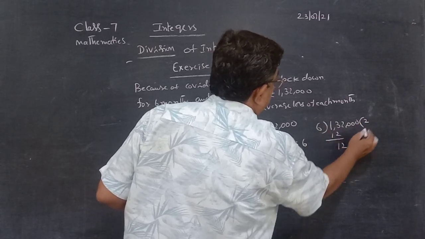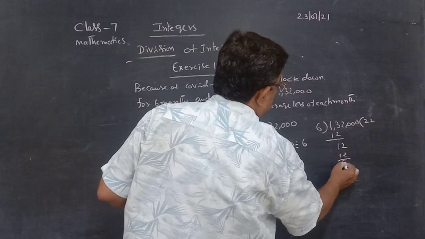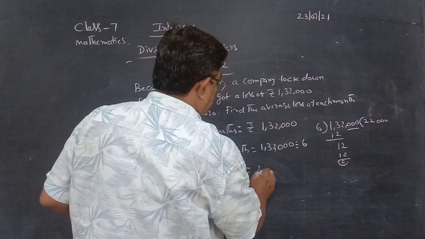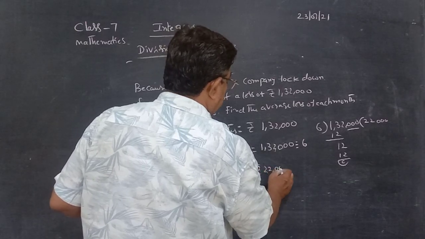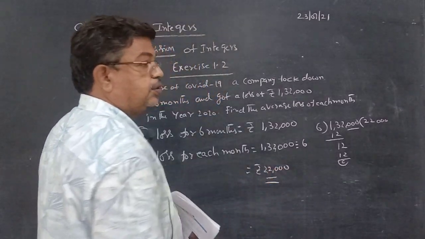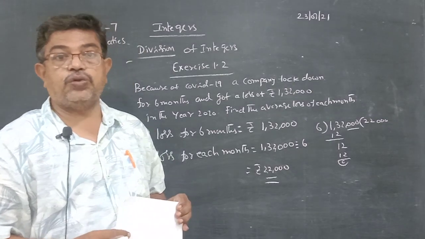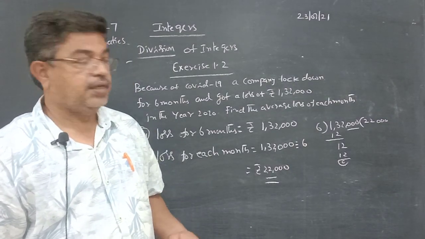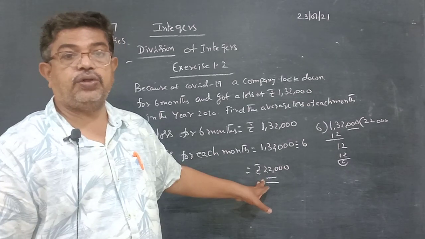Remainder 1, bring down 2. Again 6 2s are 12. Remainder 0. Now there are 3 zeros remaining here. Keep them. So you got a loss of rupees 22,000 per month on the average. So on the average, the company loses 22,000. They didn't get any profit. They got only loss. Average loss per month is 22,000.